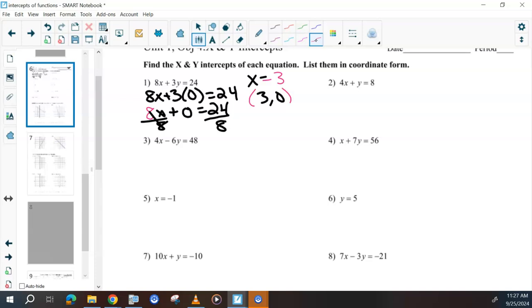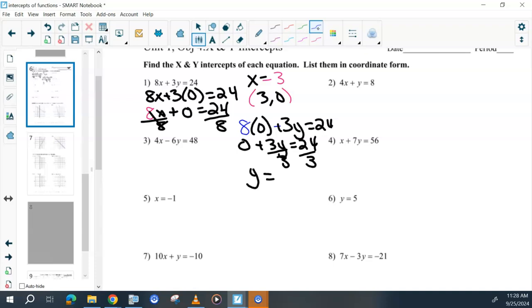So if you're doing both of these, make sure you list out which ones are the x, which one are the y. If you just write the 2 ordered pairs, I don't know if you know which one it is. So 8 times 0 plus 3y equals 24. That would give me 0 plus 3y equals 24. Divide both sides by 3.